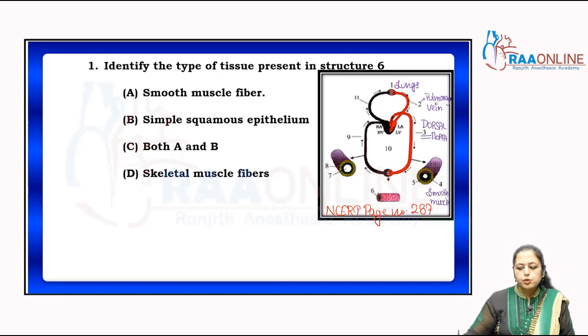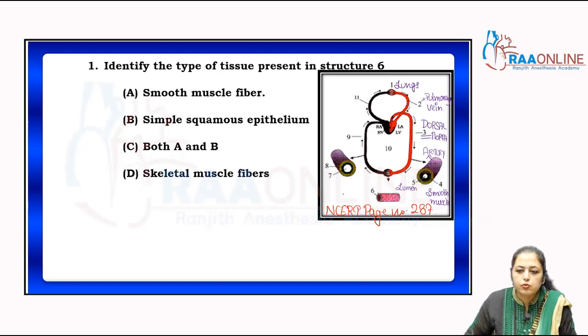The mid white portion is called the lumen, and that is the lumen of the artery. This is the artery. That's why the artery is denoted here.